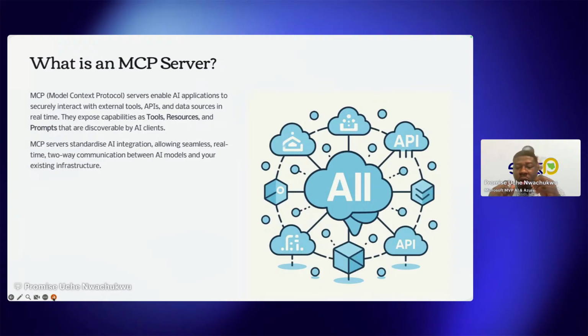So what MCP does is that it helps to expose capabilities as tools, resources, and prompts that are discoverable by AI clients, right? Now, in order to show you how this works, I'm going to show you a quick demo on one of the things we can do regarding this.